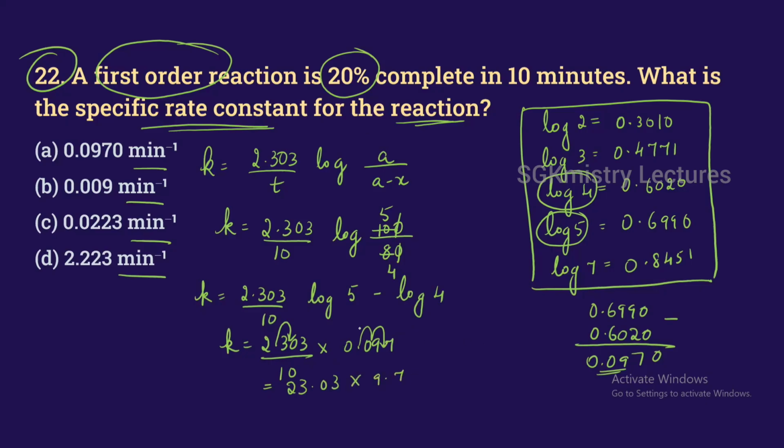Then I have shifted the points, so I get into 10 to the power minus 3. Then we have 0.0223 minute inverse. When I do the calculations, I get the option C as the right answer.